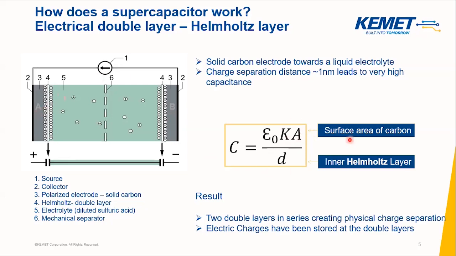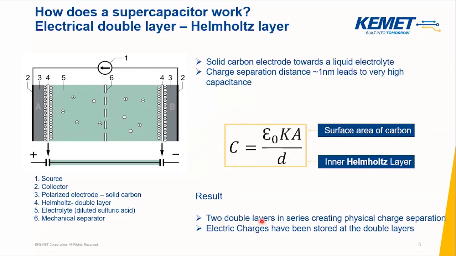So we increase the surface area through the porous carbon property, and the very thin layer that forms between the ions, which we call the inner Helmholtz layer, provides a very small d. As you can see here, both the increase of A and the decrease of d help us to have very large capacitances.